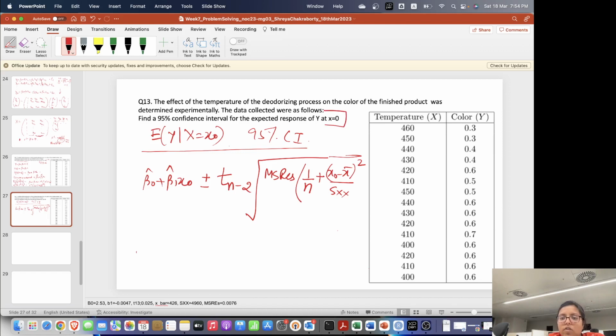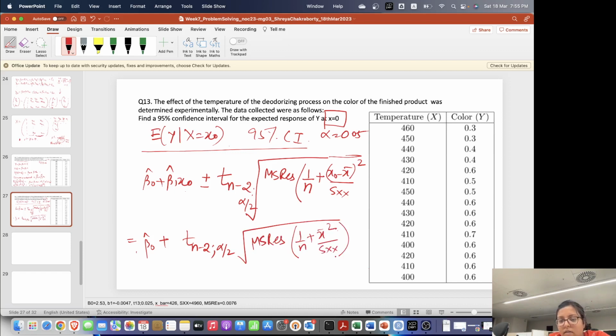Okay. So now x naught is given as x equal to 0, so we are going to plug in 0 over here. Then we would have beta naught hat plus minus t n minus 2, alpha by 2, because we have to take both sides. Here alpha is 0.05, into root over ms residual times 1 by n plus x bar square by sxx.